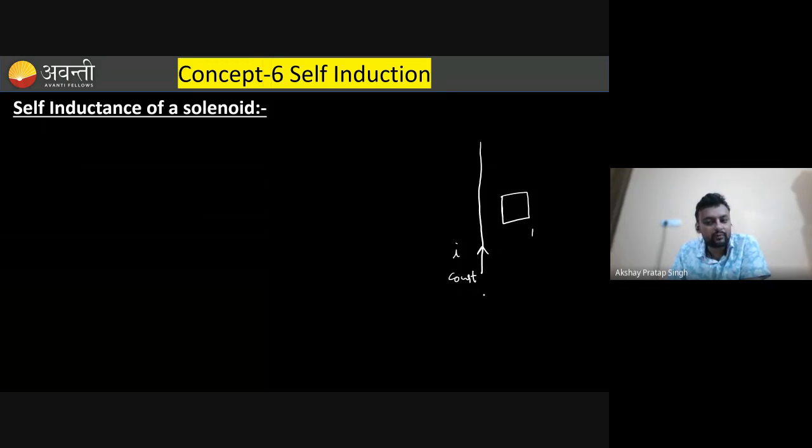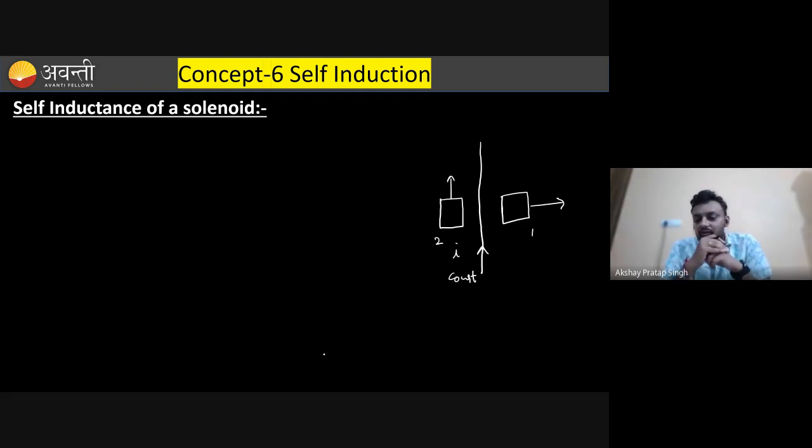Let's suppose this is loop number one and this is two. This loop is moving in this direction and the second loop is moving in the upward direction. You need to tell me what will be the directions of induced current, clockwise or anti-clockwise.